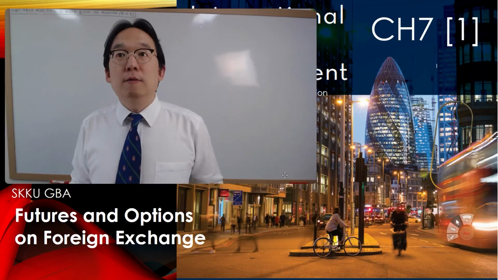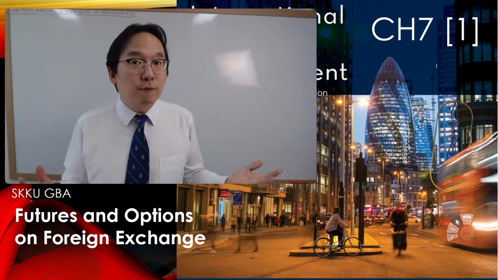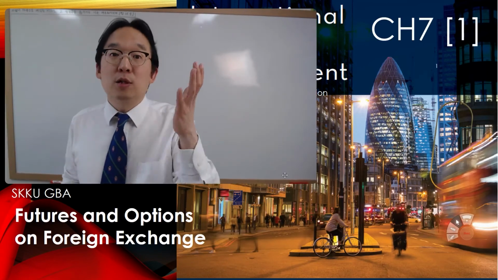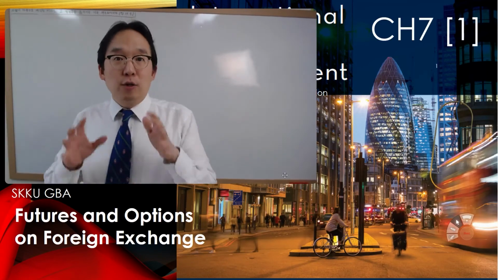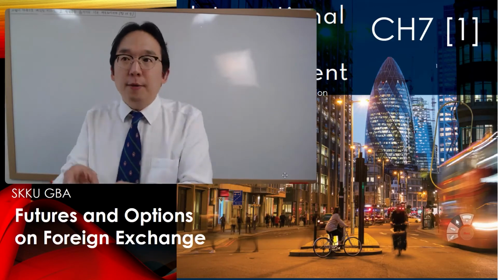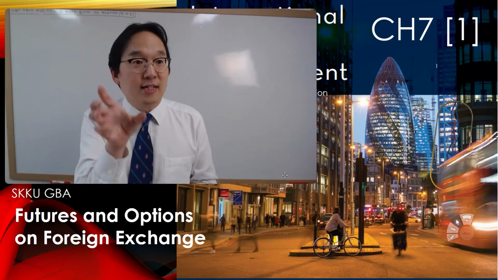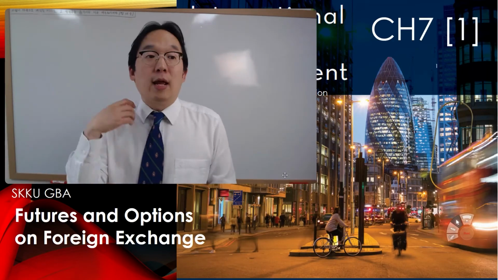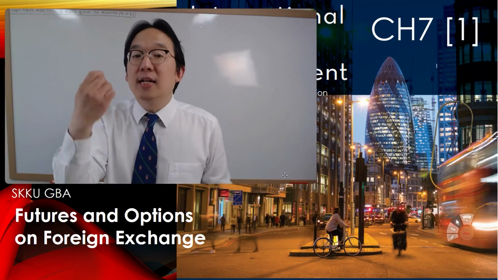And then futures versus forward, what is the difference? We're going to talk about it in this chapter, but futures are much more standardized. Okay, the units of trading, right? One contract size is fixed, and the maturity is fixed, so that anybody can buy and sell in an exchange.